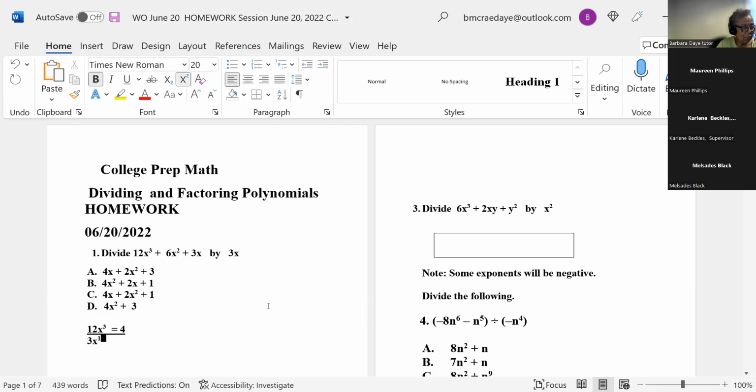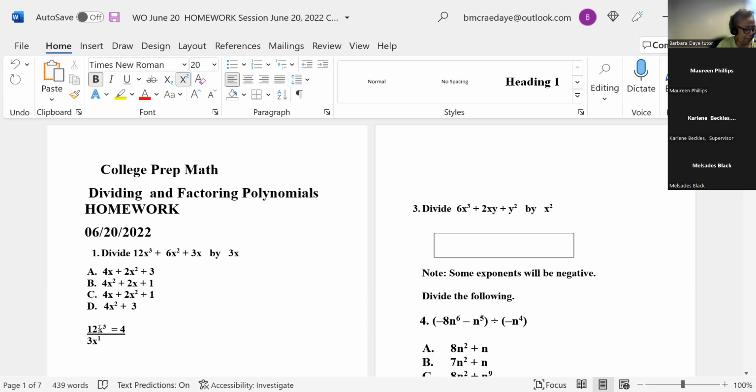So x to the third divided by x to the 1 is what? It's the x in the 12x to the third. Yes. So we divided the coefficients, 12 over 3, we got 4.